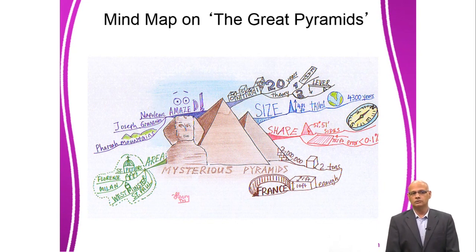Theory 2 says it used a lever. Do you see the use of simple images, line diagrams to denote a ramp, to denote a lever? Very easy to do. So even when you are writing, what's happening? Your brain is getting engaged.